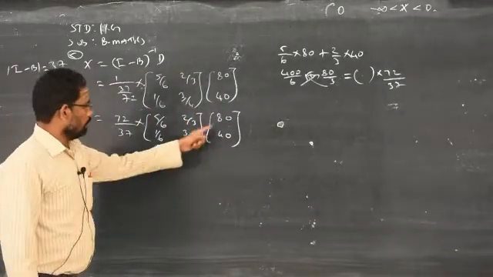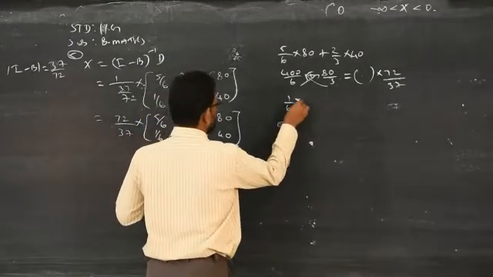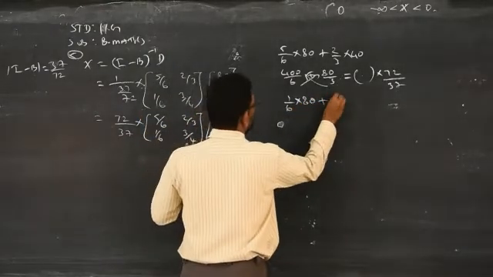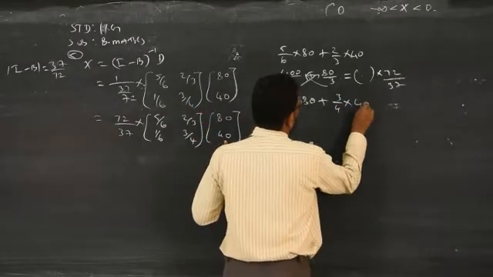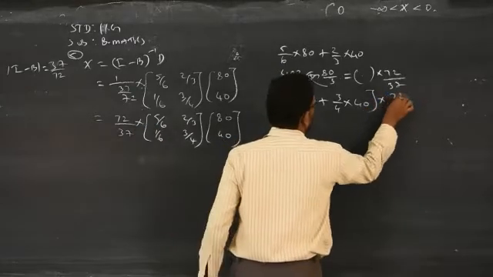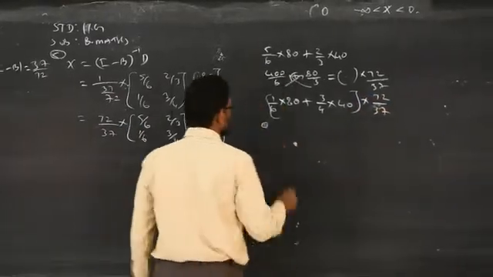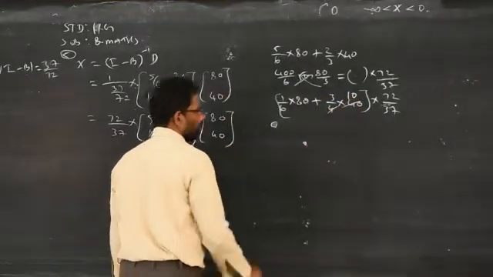Similarly, you can take the second row and multiply these two. You will get 1 by 6 into 80 plus 3 by 4 into 40, into 72 by 37. Here it is not possible, but here it is possible. It will go 10 times.